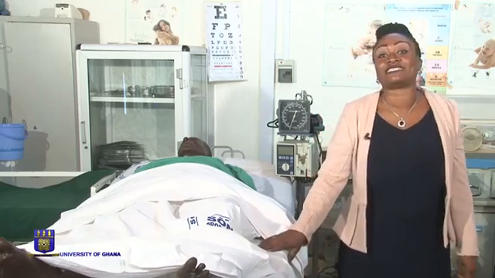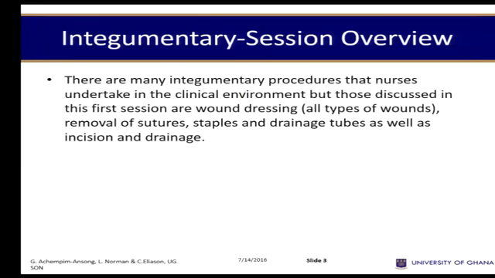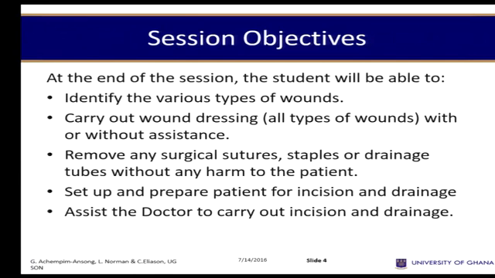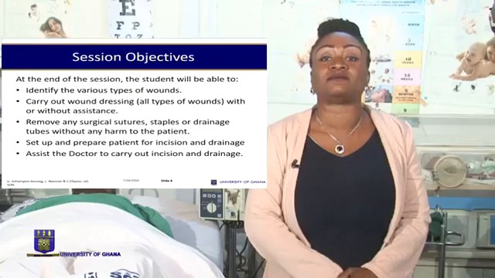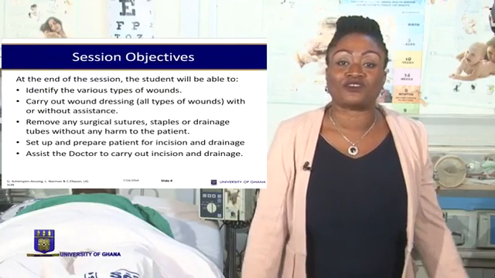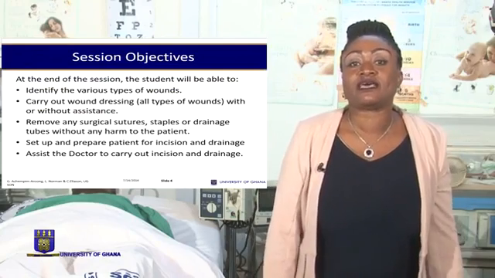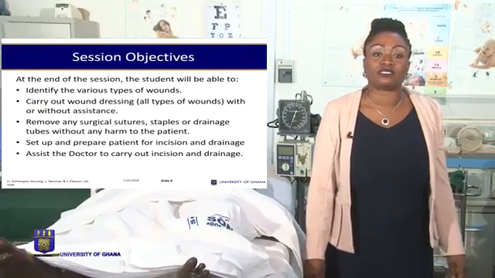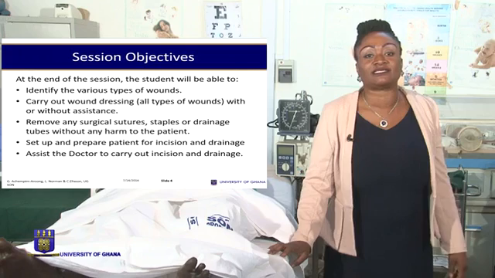So our first session, which is session 1, deals with the various medical and surgical procedures of the integumentary system. And at the end of this session, students will be able to identify the various types of wounds. You should be able to carry out wound dressing of all types of wounds, with or without assistance.